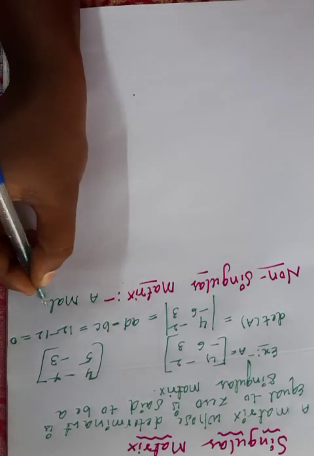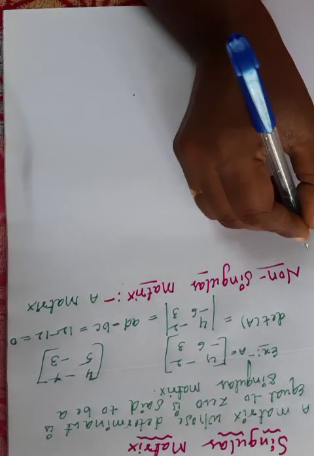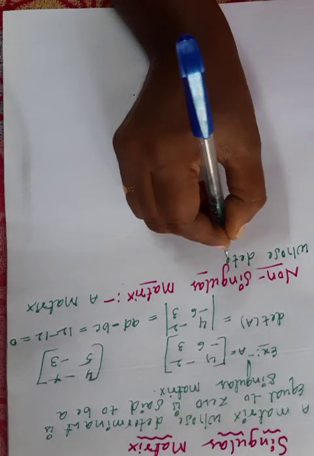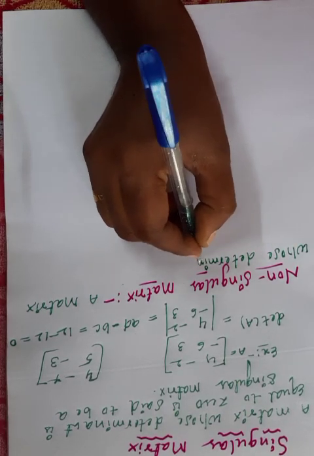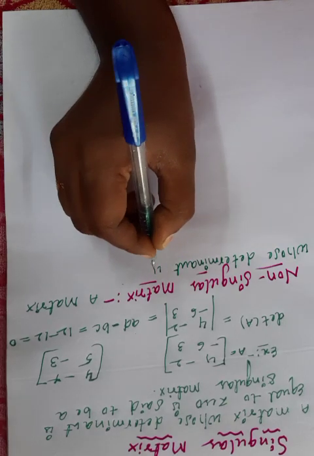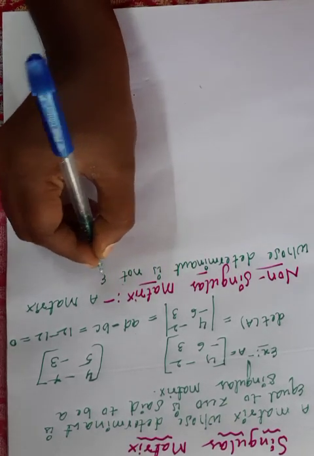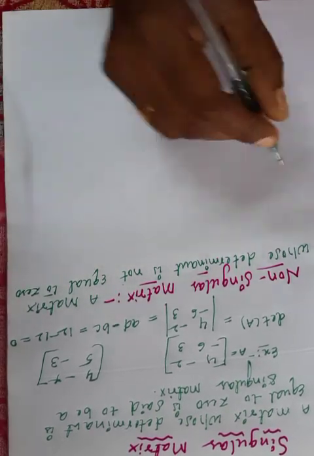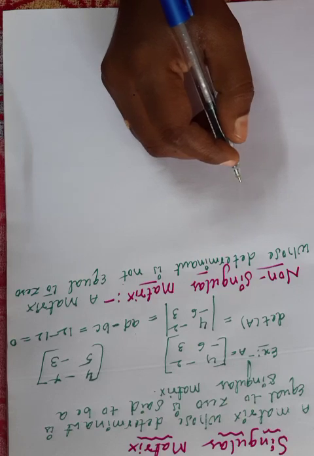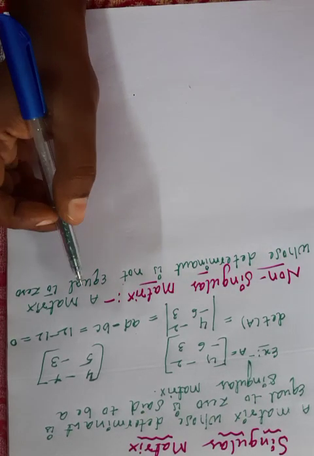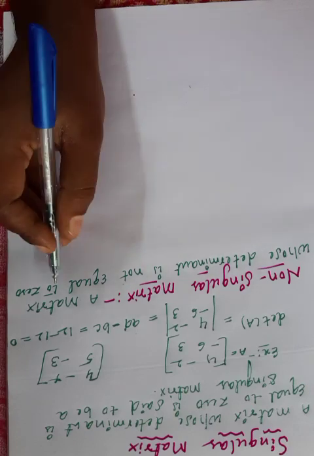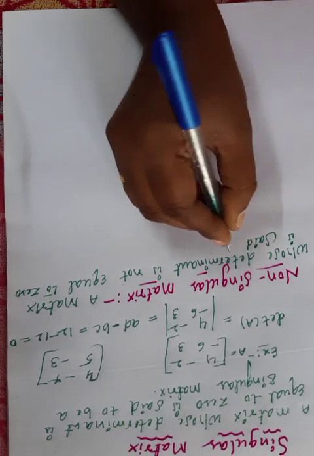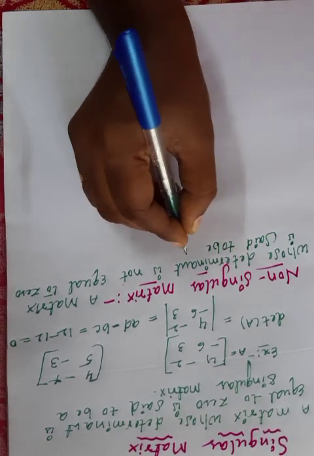A matrix whose determinant is not equal to 0, then we should call that matrix a non-singular matrix.